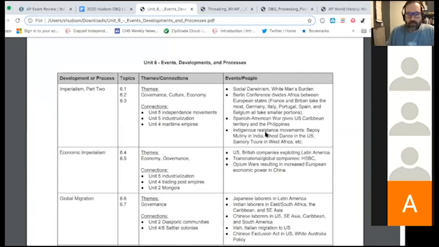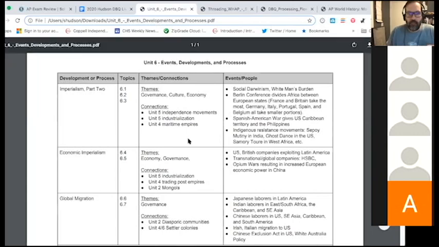When I look at specific events and people, again, not having seen the documents yet, I see indigenous resistance movements right here. If some of these people aren't mentioned in the documents, that is my outside evidence just waiting for me, so I'm definitely going to keep that available.